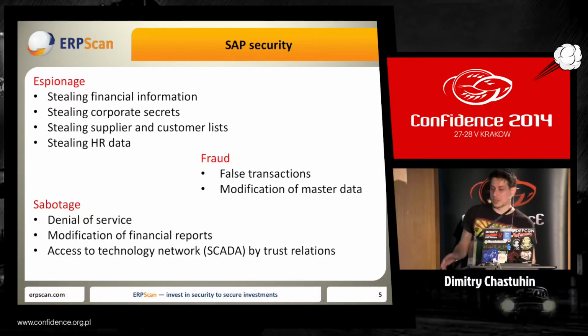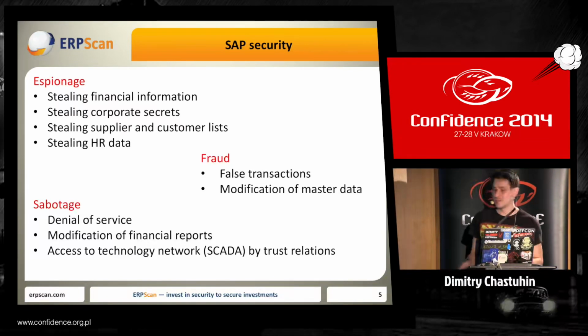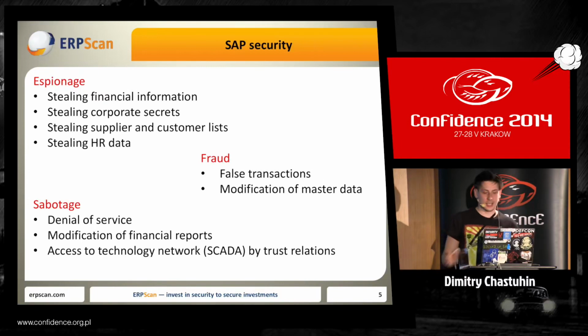SAP security. What goals do attackers often have? Espionage, fraud, and sabotage. First of all, it's espionage. Some kinds of stealing information: stealing financial information, stealing corporate secrets, stealing supplier and customer lists, some HR data. Second one, fraud, like a false transaction or modification of master data.